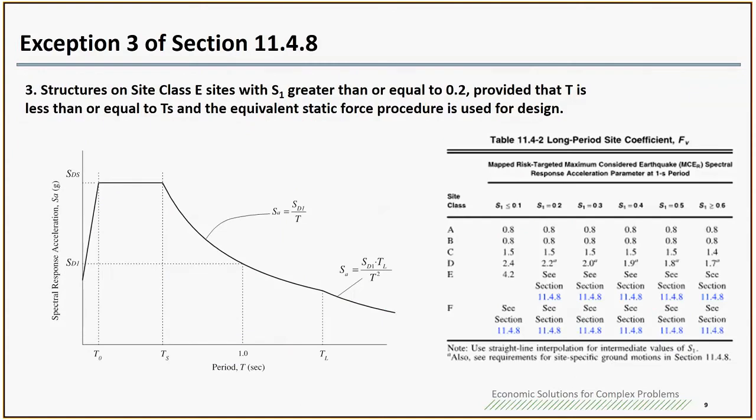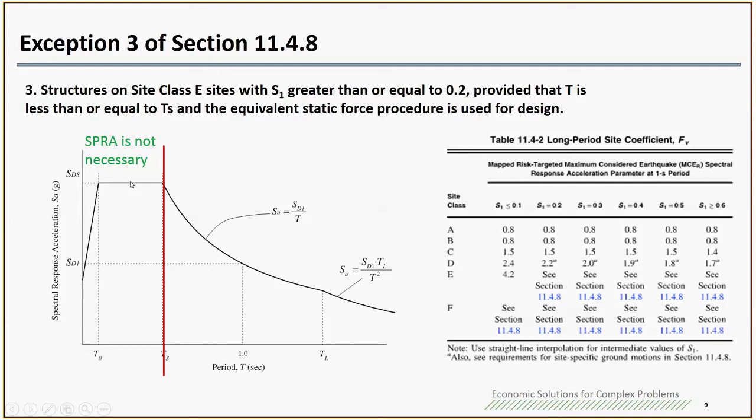Exception 3 is straightforward. Basically, if you have S1 greater than or equal to 0.2, and if your structure period is less than or equal to TS, where TS is the end point of your plateau, at this site you don't need to do the site-specific response analysis.